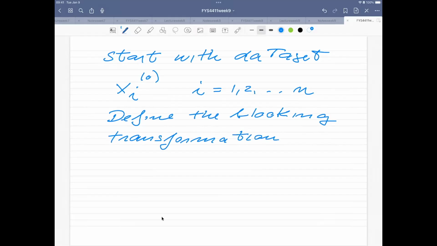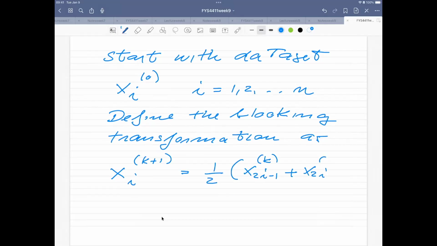I have a new data set, and I have split my data set into blocks of 2 all the time. So this is given by 1/2, and then I have x_{2i-1} of the previous block k, plus x_{2i} of k.